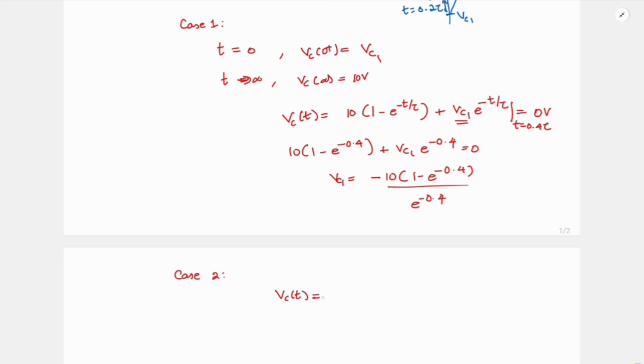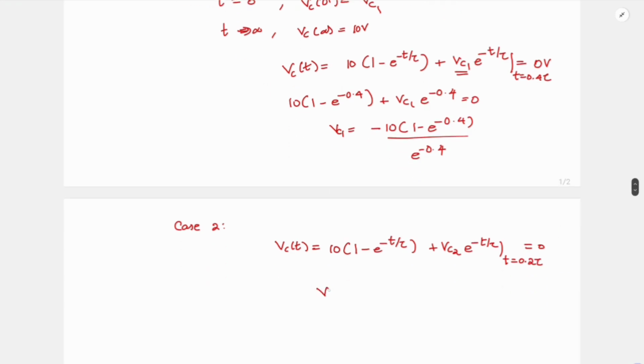So my VC of t is equal to 10 into 1 minus e power minus t by tau plus VC2 e power minus t by tau, and this is going to be equal to 0 at t equal to 0.2 tau. So we'll get the similar equation, just that 0.4 will become 0.2 here. So minus 10 into 1 minus e power minus 0.2 divided by e power minus 0.2.